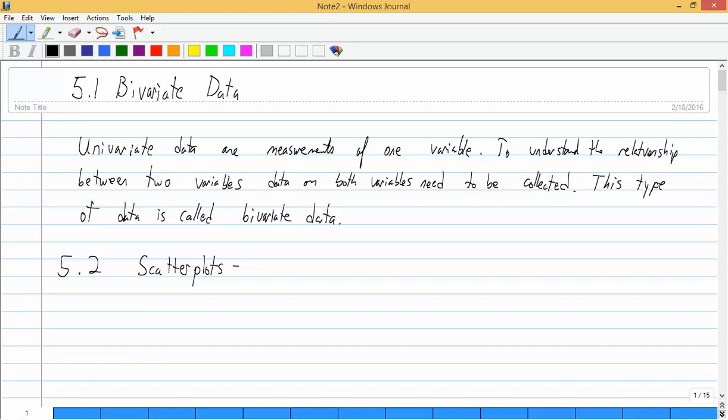Scatter plots are the traditional graphical method used to display the relationship between two variables.